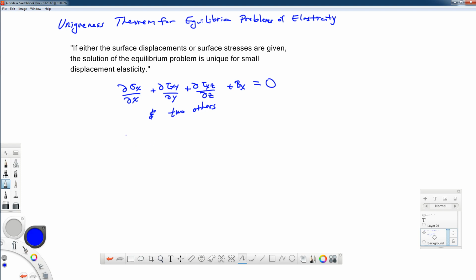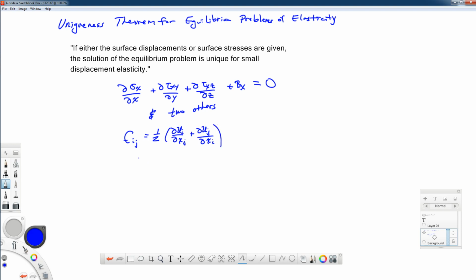So let's recall what small displacement elasticity is all about. It's when we neglect the higher order terms, the deformation gradients. Epsilon ij is equal to 1/2 for the displacements, the partial of ui with respect to xj plus the partial of uj with respect to xi.